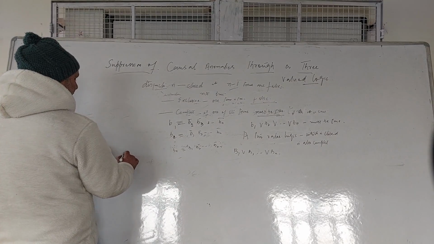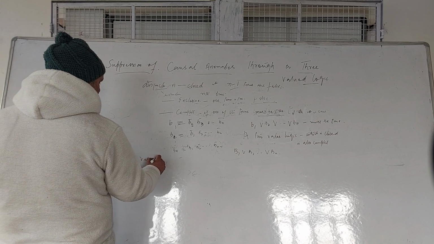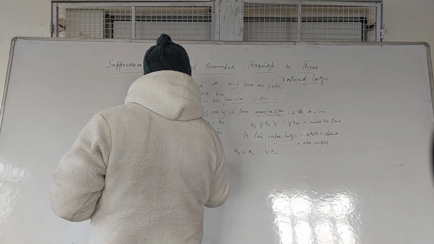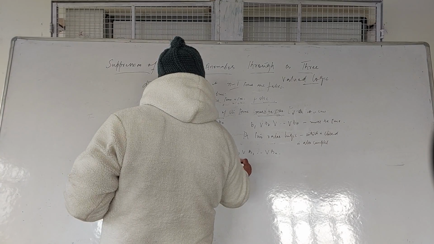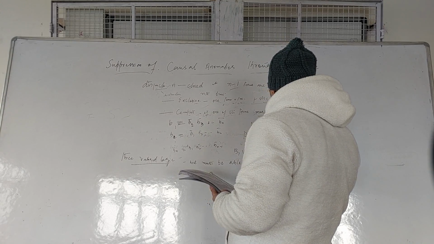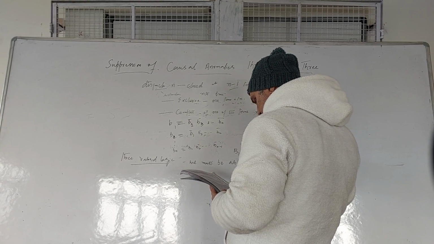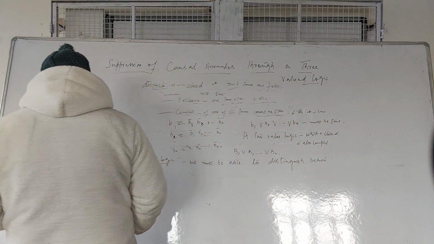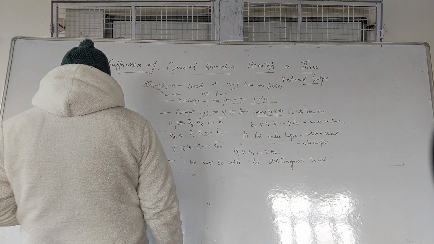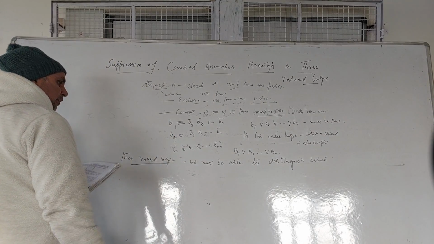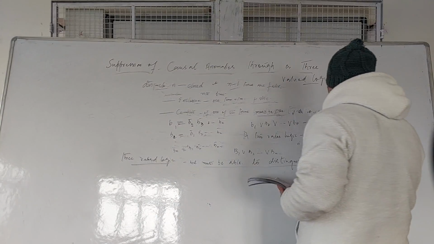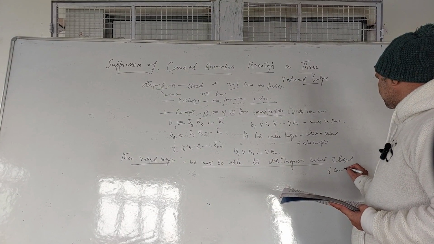So in three-valued logic, we must be able to distinguish between closed and complete.